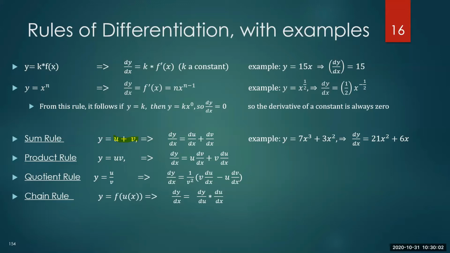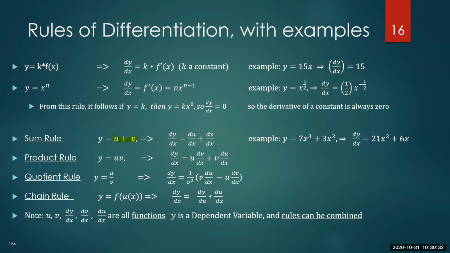So if y is a function of u and u is a function of x, you can still find dy dx, and the way you do it is you get dy du and you multiply it by du dx. So these rules, as written down, may look a little bit puzzling at first, but once we get through a few examples, I think it'll all become clear.